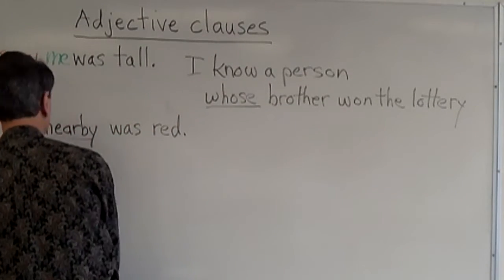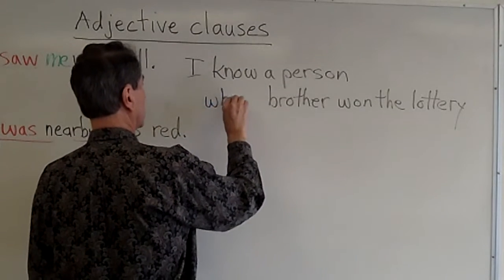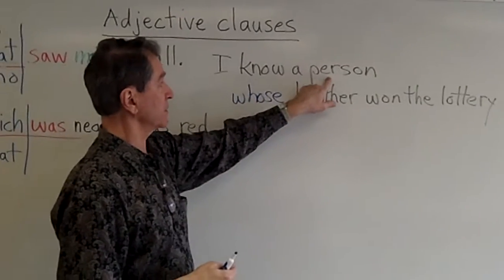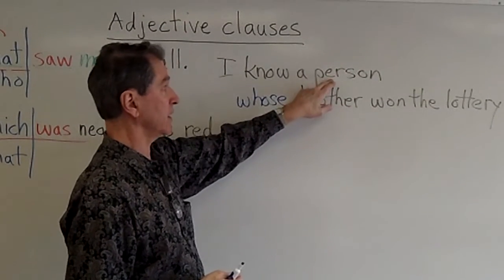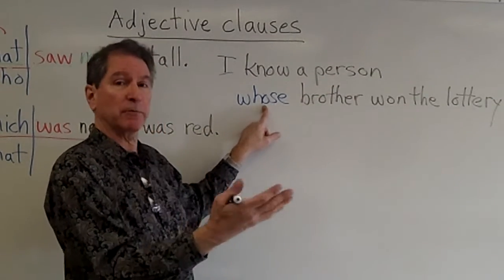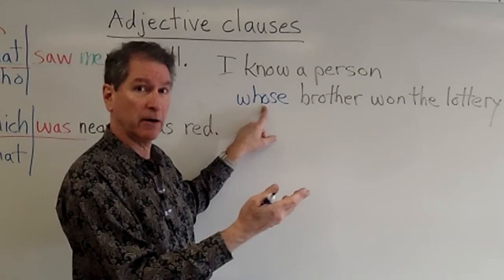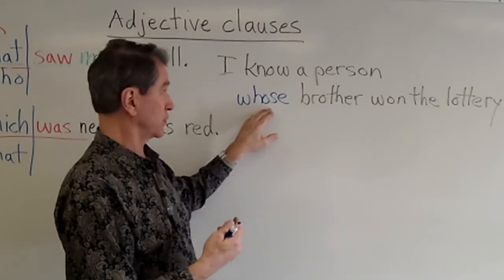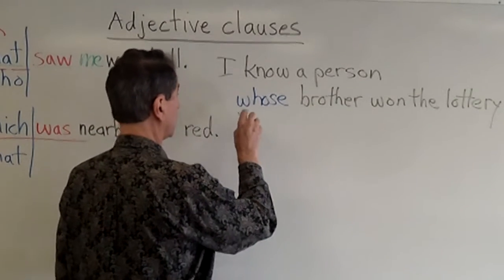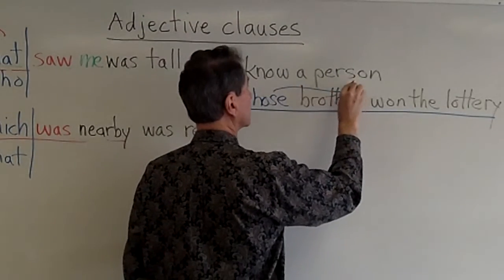Maybe I should put his in because I'm putting all the markers in blue. Let's do whose, W-H-O-S-E. Whose brother won the lottery? Because this person's brother won the lottery. So it's not him that won the lottery, it is his brother that won the lottery. So when you see any sort of possessive like his, her, or their, T-H-E-I-R, then those become whose. Whose brother won the lottery? I know a person whose brother won the lottery. So all of this, whose brother won the lottery, is more information about person.